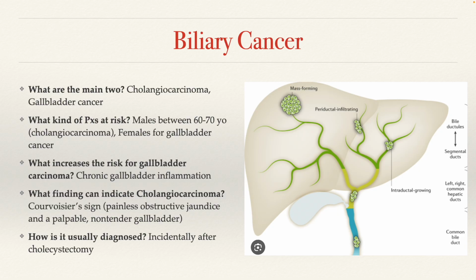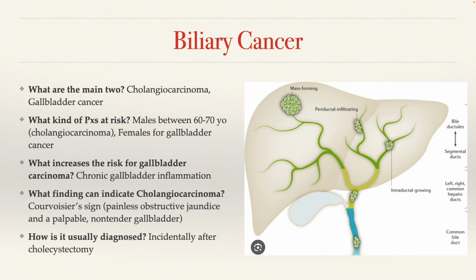And one thing to look out for that can clue you in to cholangiocarcinoma or gallbladder cancer is Courvoisier's sign. And this is painless obstructive jaundice with a palpable, non-tender gallbladder. All these other biliary pathologies we've talked about so far have pain with touching the gallbladder area, and they also have pain in the right upper quadrant without anything touching it.